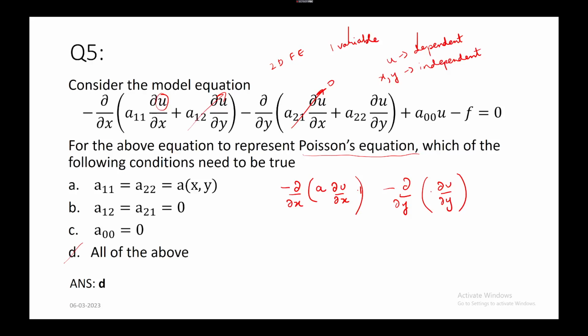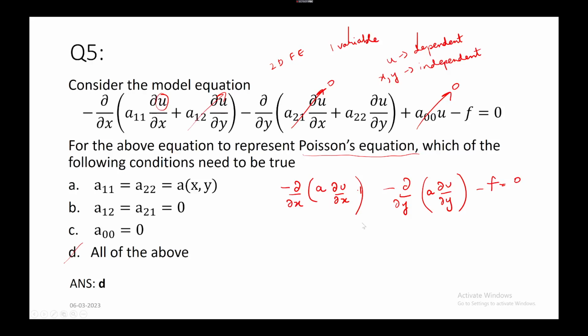This a22 will be a, and this a00 term also vanishes, minus f is equal to 0. So this means dou by dou x of a dou u by dou x and dou by dou y of a dou u by dou y. Okay. So this is, you can say, a Poisson's equation.